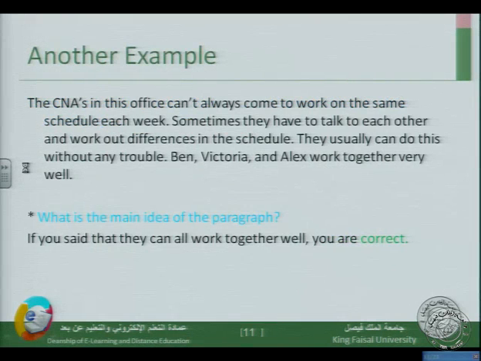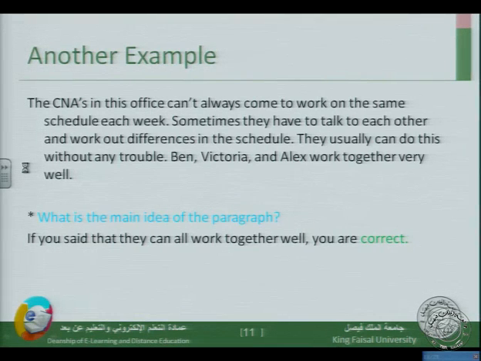Here is another example. The seniors in this office cannot always come to work on the same schedule each week. Sometimes they have to talk to each other and work out differences in the schedule. They usually can do this without any trouble. Ben, Victoria, Alex work together very well. What is the main idea of the paragraph?